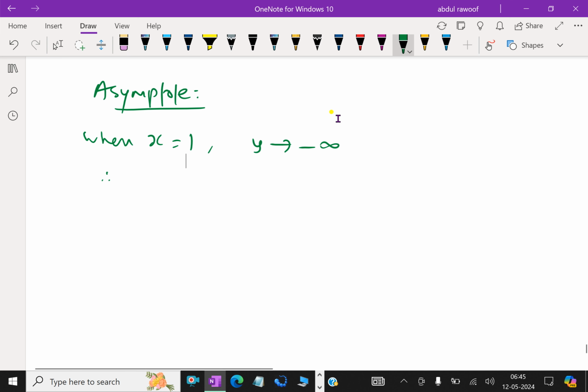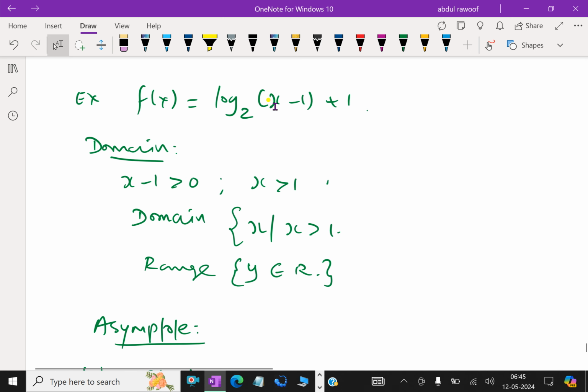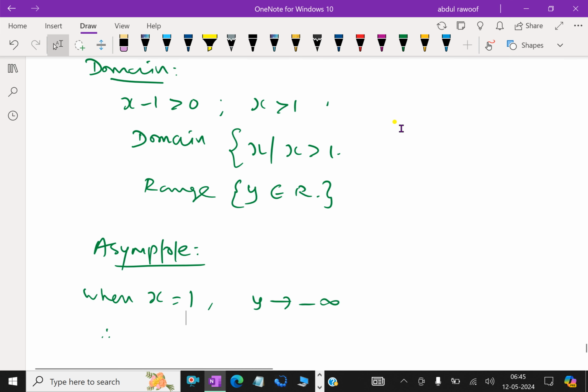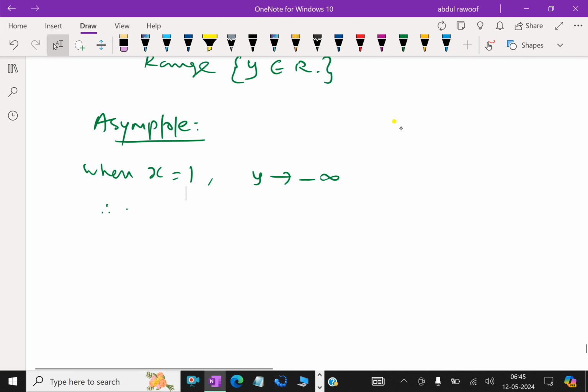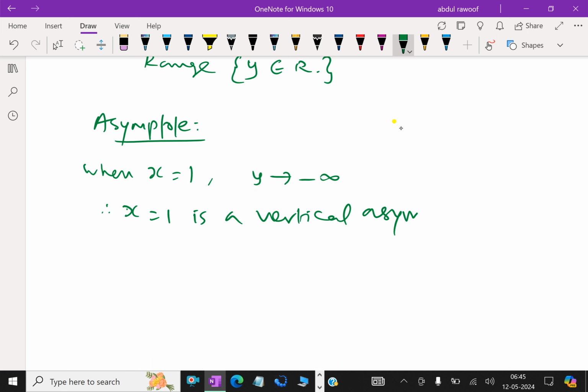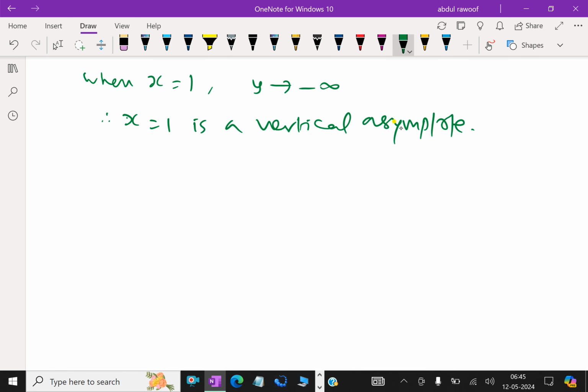X equal to 1 means here we have to put 1, then y value is minus infinity. So you can say x equal to 1 is a vertical asymptote.